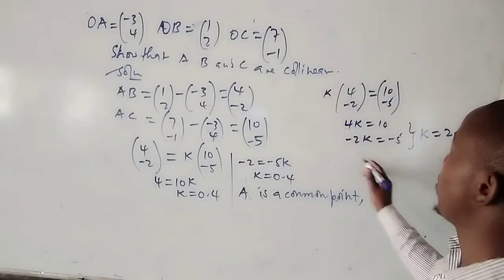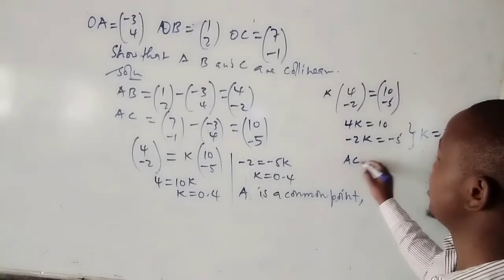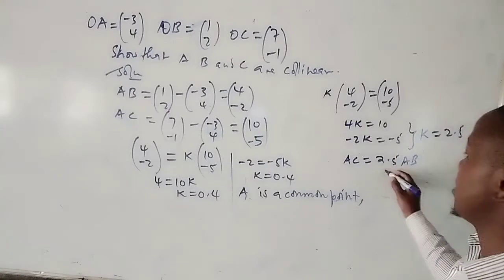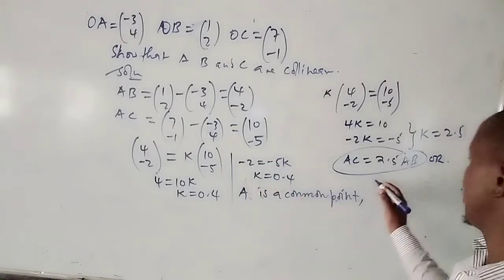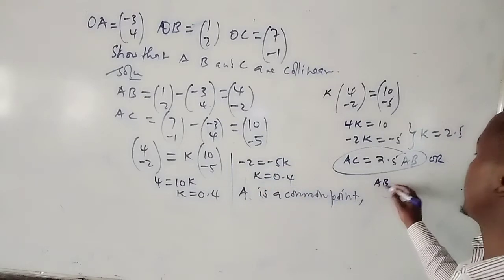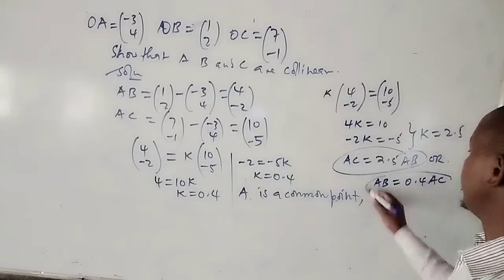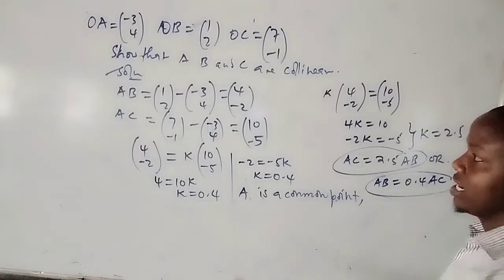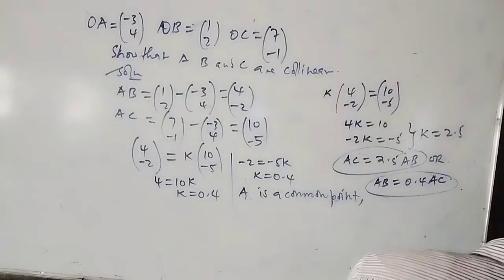Therefore, vector AC is equal to 2.5 of AB. Or, as in the case we've done, vector AB is equal to 0.4 of AC. So we can compare any of the vectors.